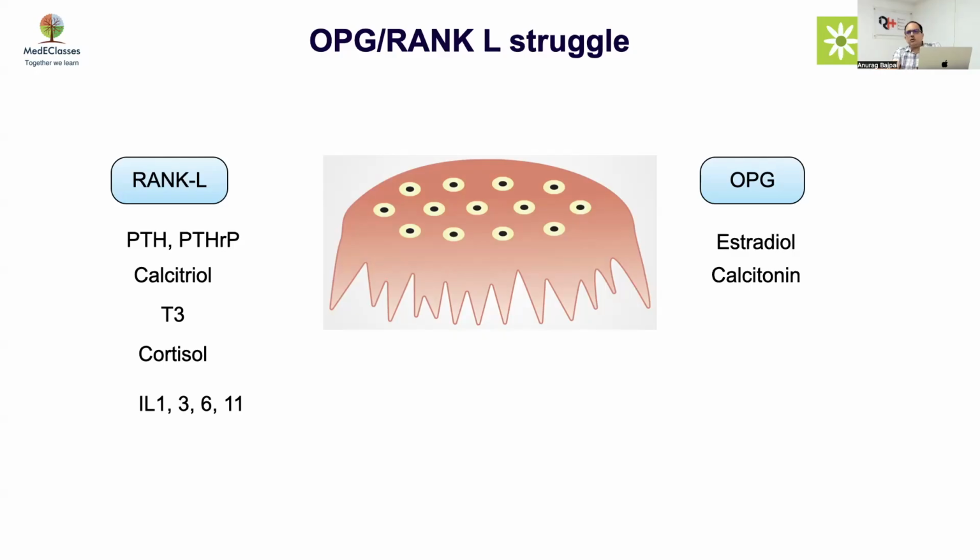And calcitonin is also going to act from that perspective, and we know calcitonin plays a role because it's also effective in treatment of hypercalcemia. Bisphosphonates also act via the OPG pathway.